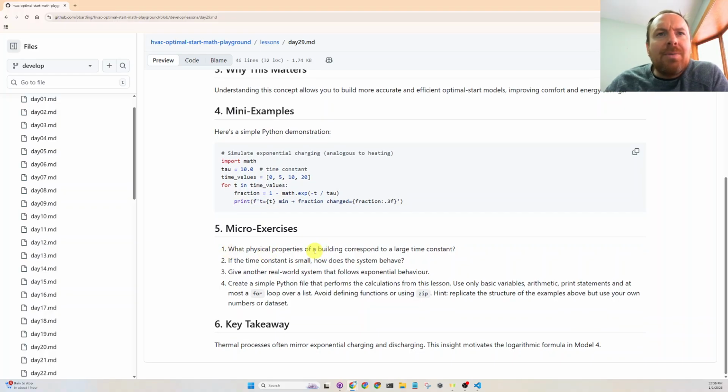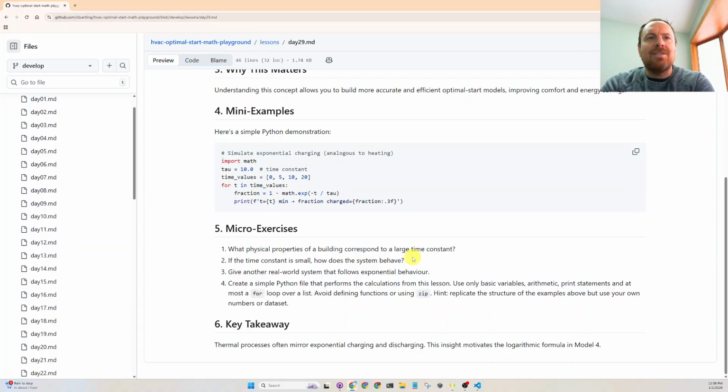What physical properties of a building correspond to a large time constant? If the time constant is small, how does the system behave? Give another real-world system that follows exponential behavior. I have to think about this. What physical properties of a building correspond to a large time constant?